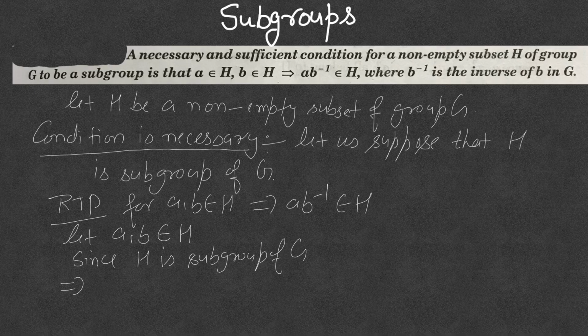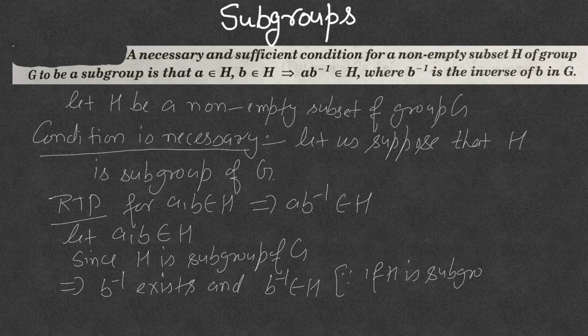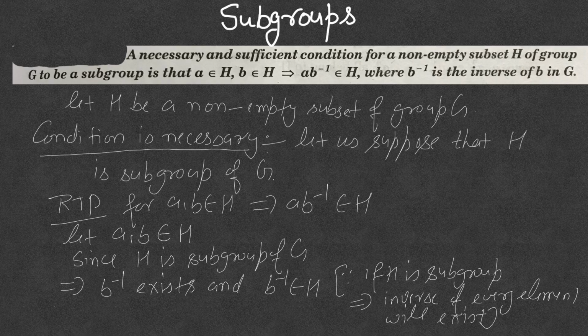And the properties of a group are that the inverse of every element will exist, which implies that B inverse exists and B inverse belongs to H, because if H is a subgroup, the inverse of every element will exist.